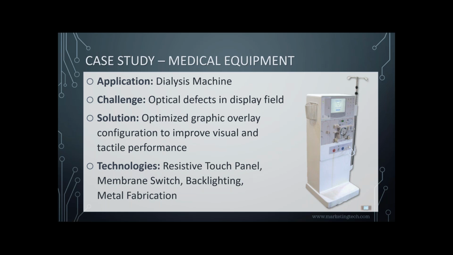But when we have a large resistive touch panel like this, sometimes the negative consequence of that is what's called Newton rings. Newton rings, if you can kind of imagine what oil looks like in water, the little iridescent rainbow effects that can sometimes occur when you have two petro-type materials come together.